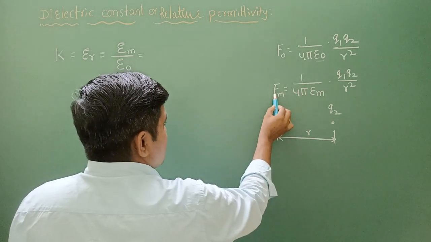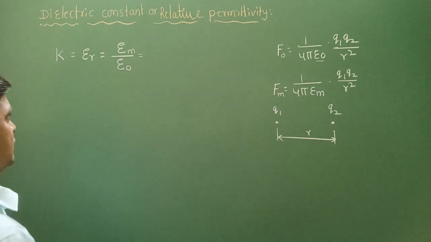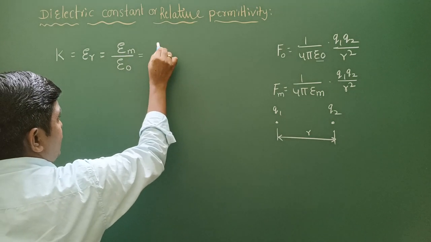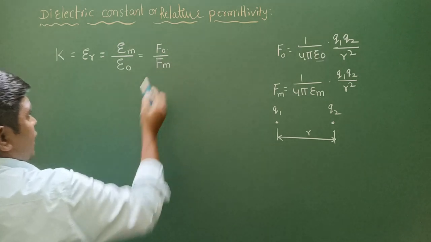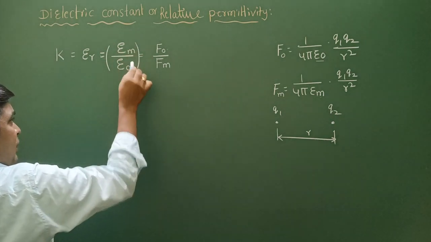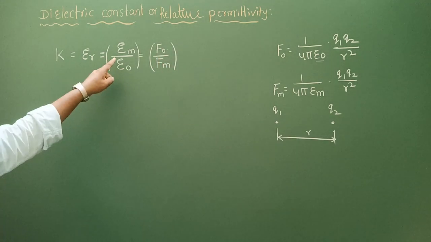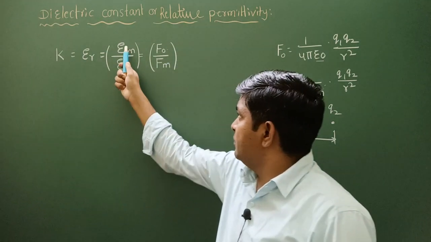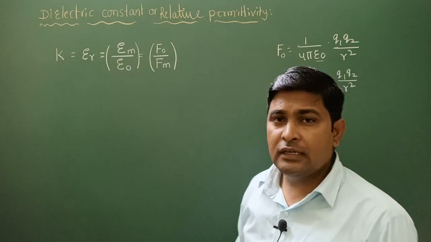Force is inversely proportional to permittivity, అనేది మనకి ఈక్వేషన్ చూస్తేనే తెలుస్తుంది. సో ఎప్సిలాన్ ఎం ఉంది అంటే ఇక్కడ ఫోర్స్కి what you are going to say, F naught to F m. So the dielectric constant can be expressed in two ratios: one is the permittivities ratio, medium permittivity to vacuum permittivity, or the force ratio, force in vacuum to force in medium.